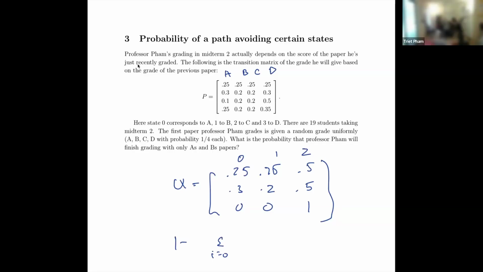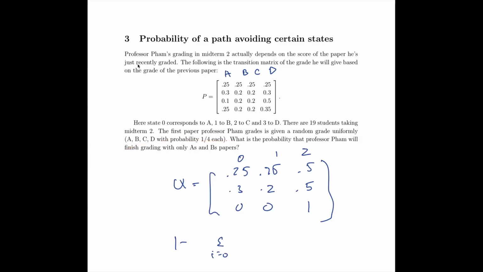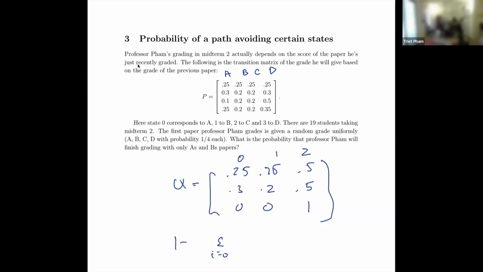So hold on. First of all, you don't want to start at state 3, because you want to start out with state A or B. You only want to grade A or B papers. So in the notation, you should only start with an A or B paper. Making that easy, let's just do 1/4 each.